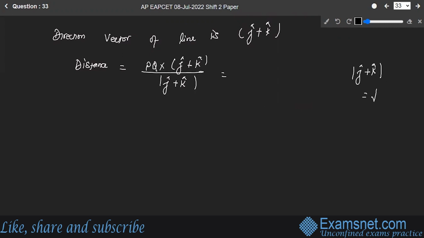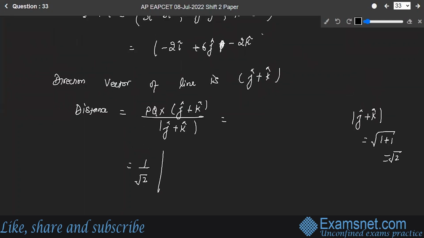This is equal to root of 1 square plus 1 square, which is equal to root 2. So this becomes equal to 1 by root 2. PQ is given by this vector, right? And this j plus k is this. This can be written as the determinant of i, j, k; minus 2, 6, minus 2; 0, 1, 1.